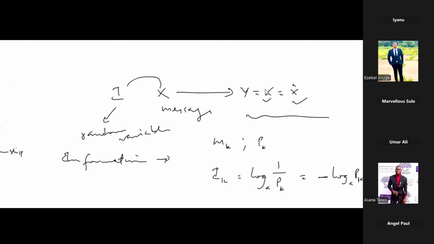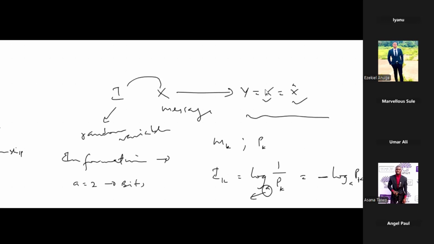Since we brought the negative up, then we just take care of this. Alternatively, this. Now, this base is very important to us because when we address information in the binary space where we have two basic options of occurrences, either a 0 or a 1, then it becomes bits. So if A is 2, then our information measure is in bits.